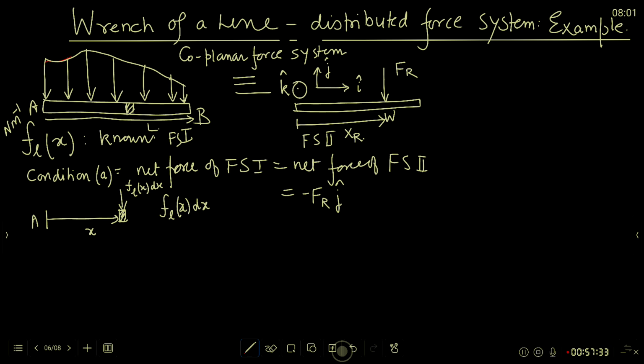What will be the total force? The total force will be the integral of Flx dx, x going from 0 to x equals L, in the minus j hat direction. This is the force.